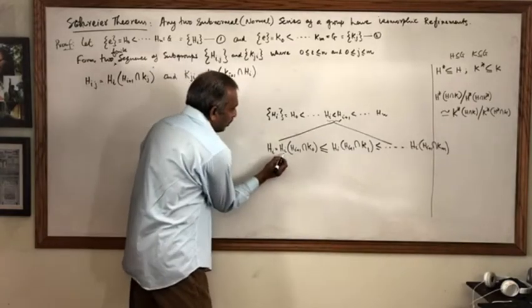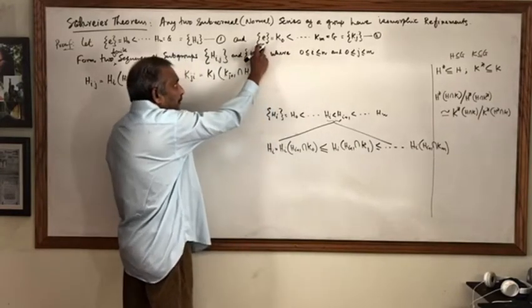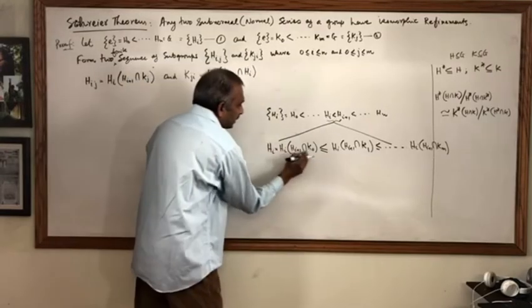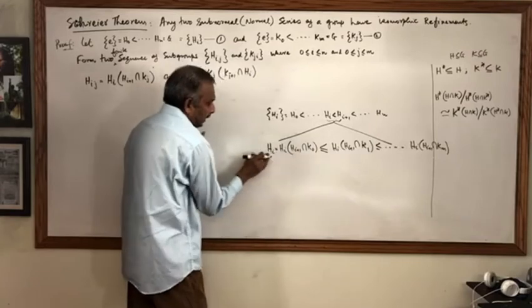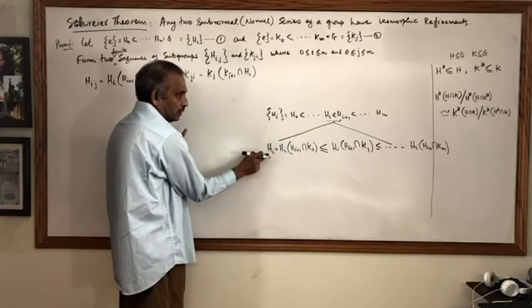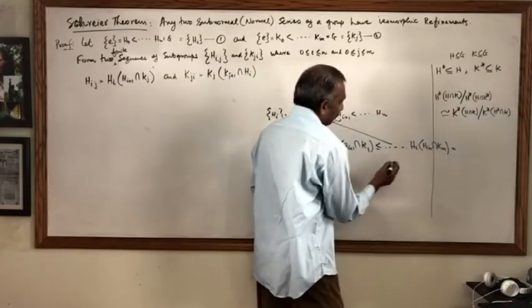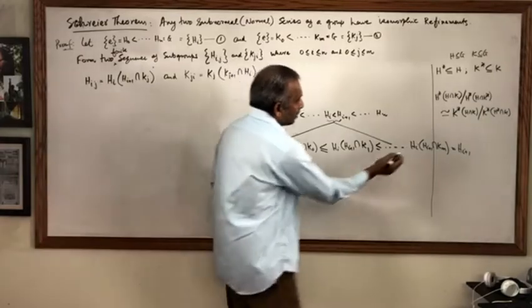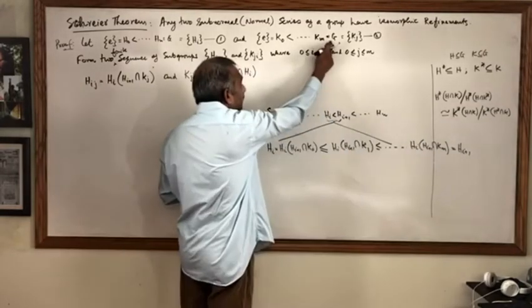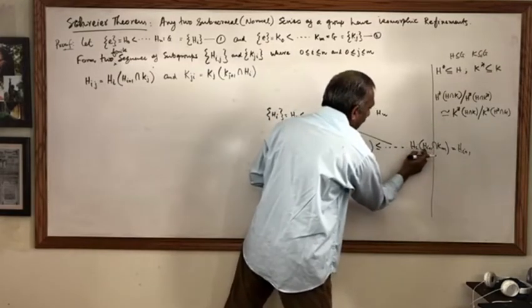When we evaluate this, K0 is E, so the intersection will be E, and that times Hi is Hi. And the end is going to be Hi+1, because Km is G, so the intersection will be Hi+1.